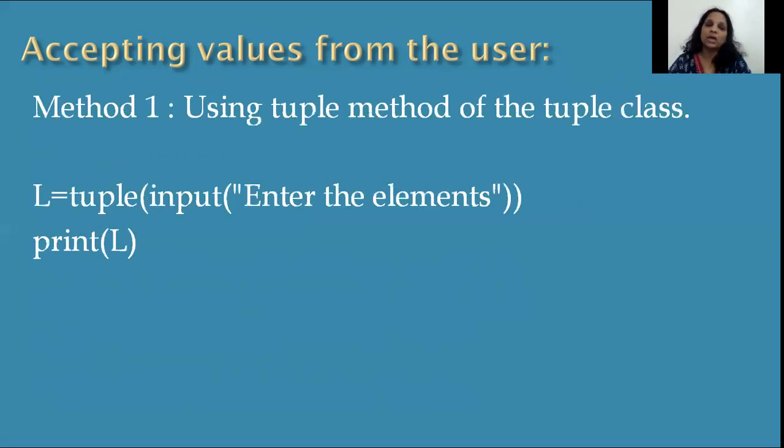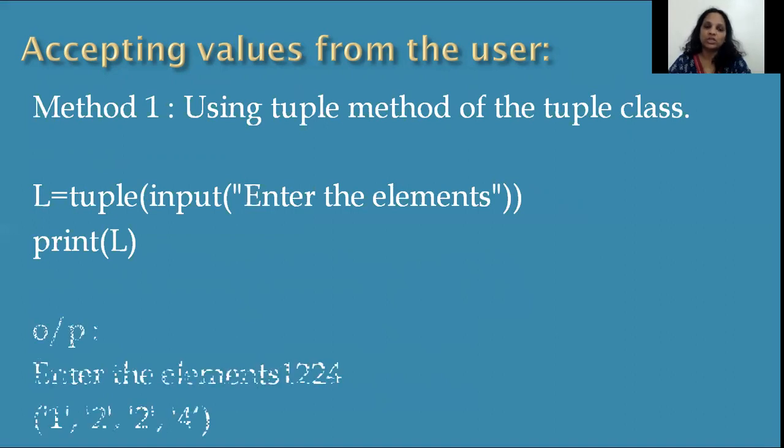So the first method I'm saying is using a method called tuple with your input function. But in this scenario, just remember, all the elements that you enter, whether your elements are numbers or digits or hash, dash, special characters or alphabets, each of those characters are going to be treated as one element of a tuple.